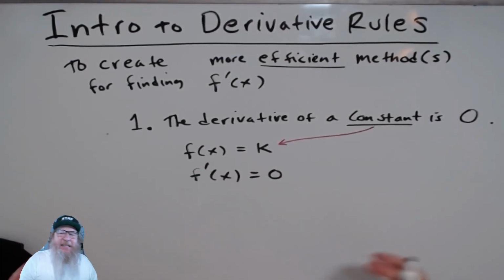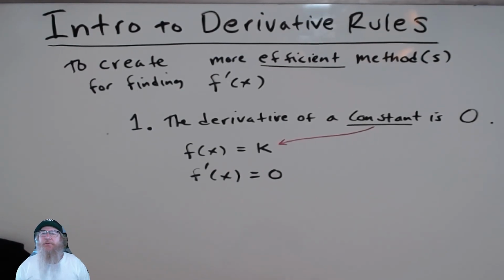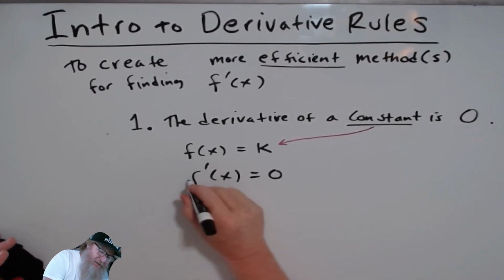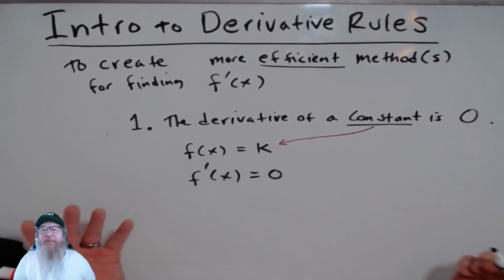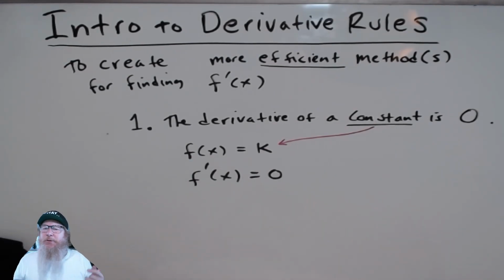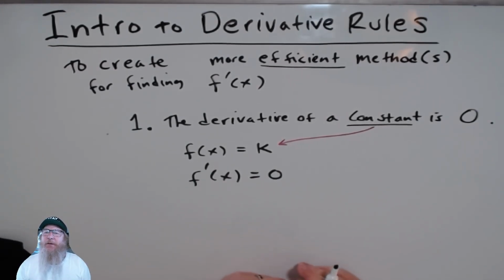That's probably the easiest of all of the derivative rules. So what that means is that if we see a constant and we're taking its derivative, we don't need to run through the whole limit as h approaches zero, or the other different limits. It's not necessary. It gives us a very quick way of calculating the derivative of a constant.